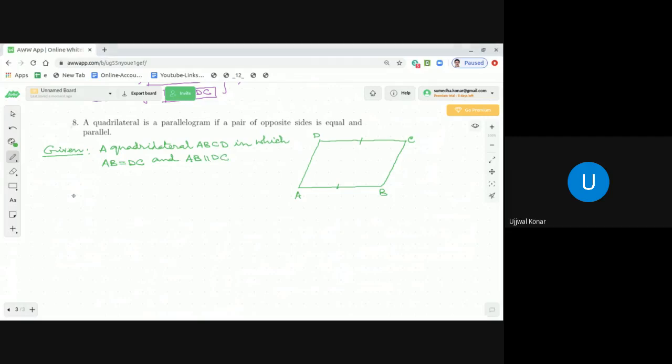Correct? This is given, and what to prove? To prove that ABCD is a parallelogram.